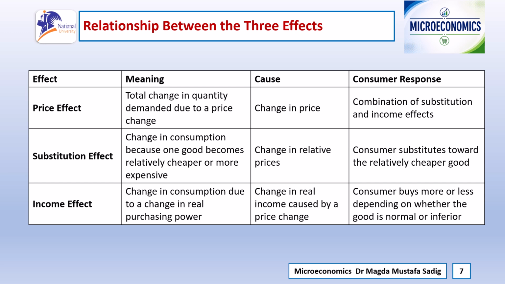Suppose the price of coffee falls. Consumers buy more coffee because, first, coffee is now cheaper than tea. That is the substitution effect. Second, consumers feel effectively richer because their money now goes further. That is the income effect. Together, these two responses create the total increase in coffee demand. That total increase is called the price effect.